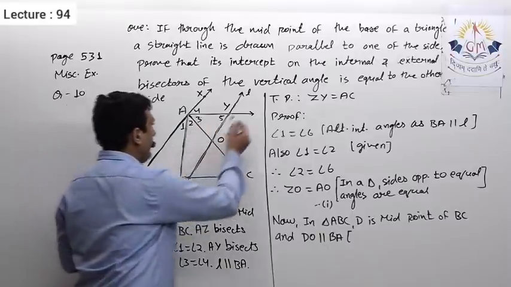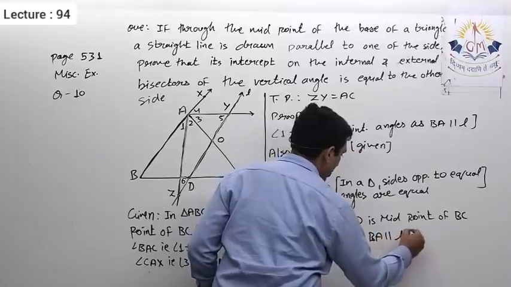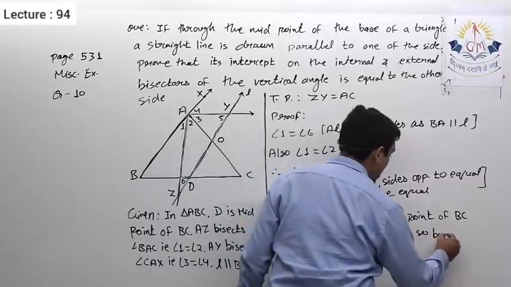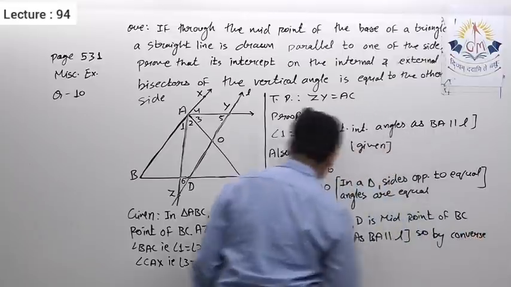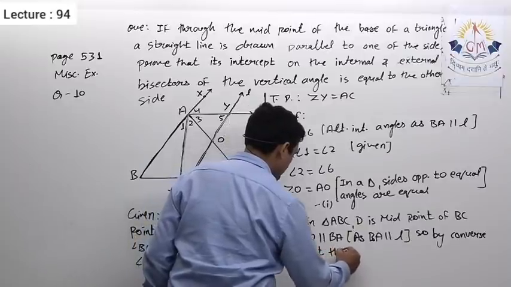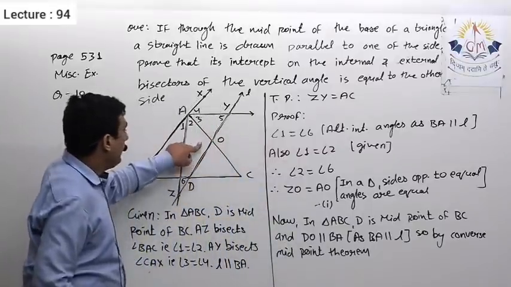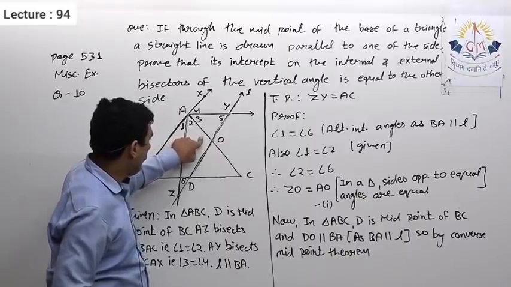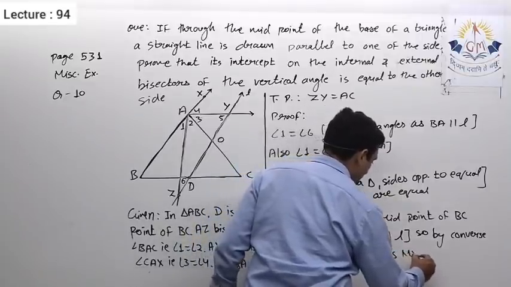Because it is given BA parallel line L. So by converse midpoint theorem, O is midpoint of AC.